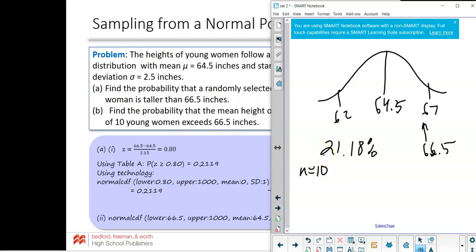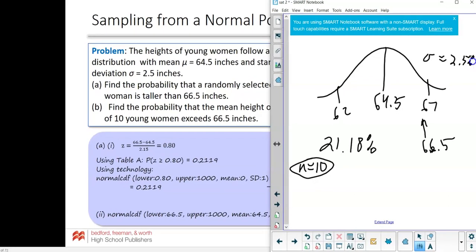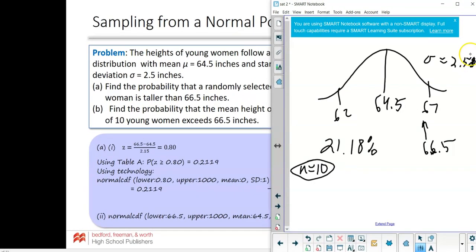We would not really take a sample, we just said what's the probability of any person who was selected. Because of this, we have to change our standard deviation. The population standard deviation was 2.5 inches.